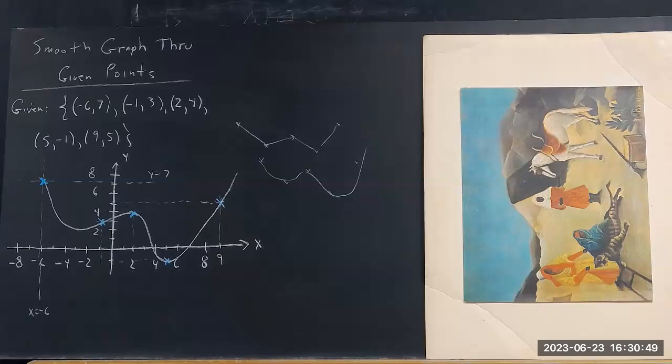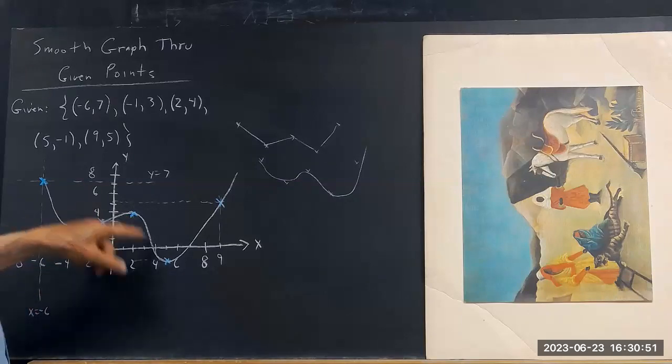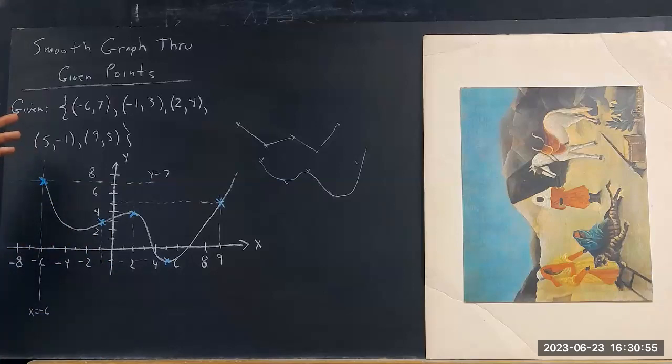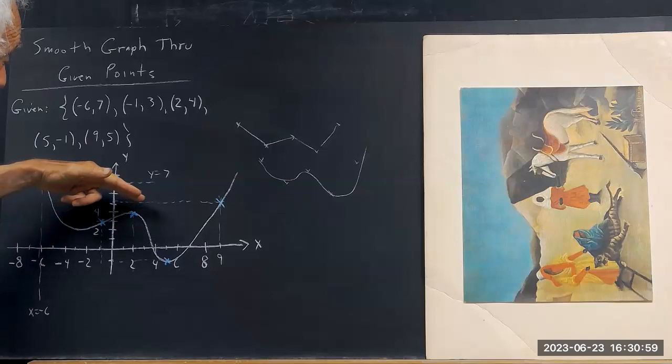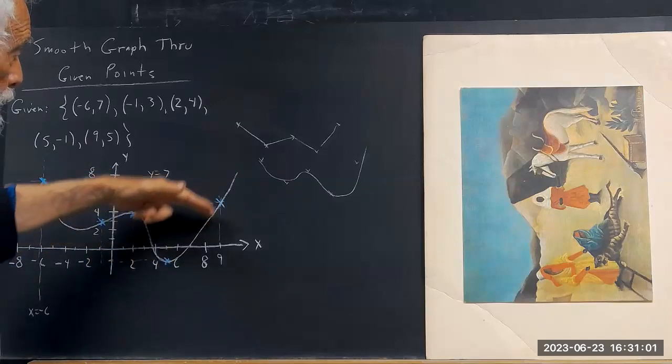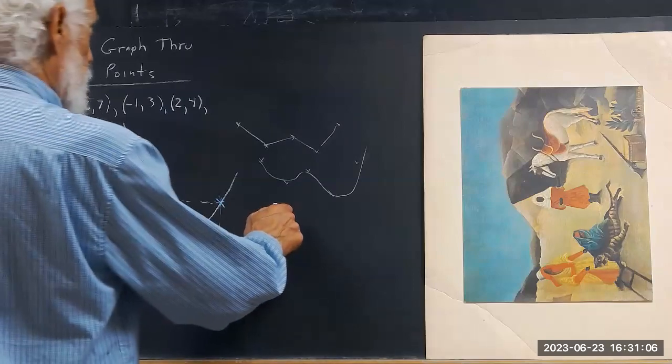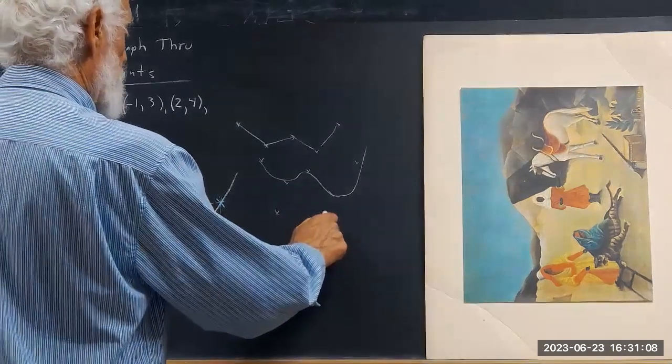Now, there's no reason at all that this should be a high point and this should be a low point. So if you wanted to draw this a little bit differently, if you wanted to come down here and come down here and then come up through here, turn around, come down here and then up here, that would be perfectly valid. The graph might look something like this.